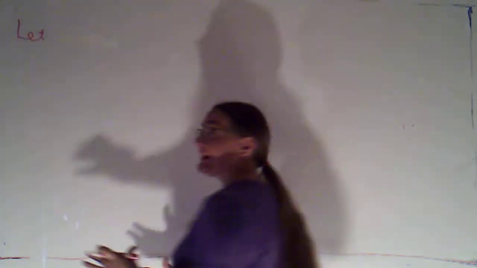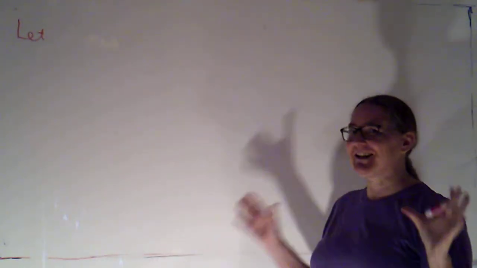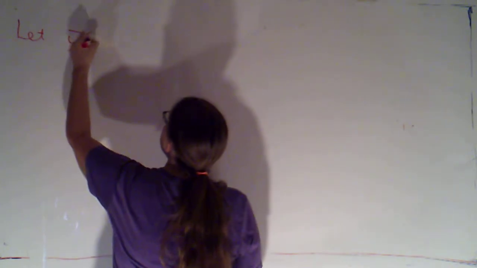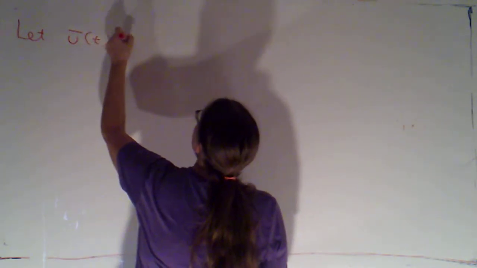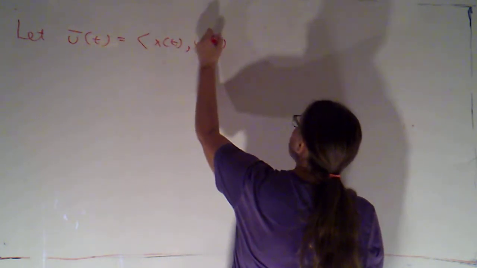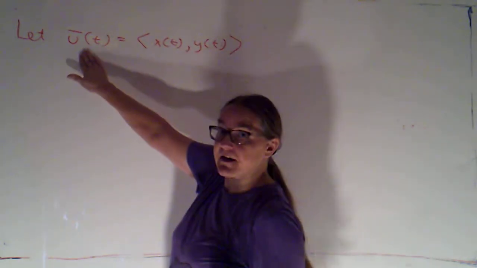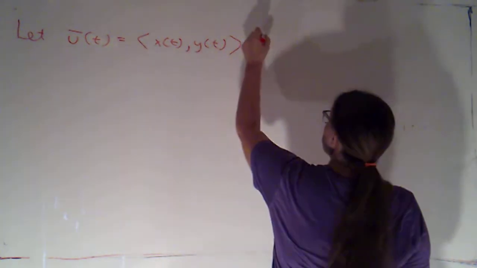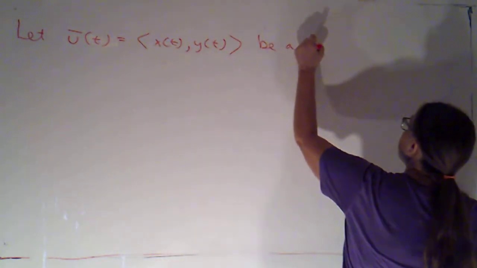Remember, let is a great word. It allows us to introduce our objects. So let u of t be x of t, y of t, a differentiable function in R2. So I'm introducing my vector function and its component functions.